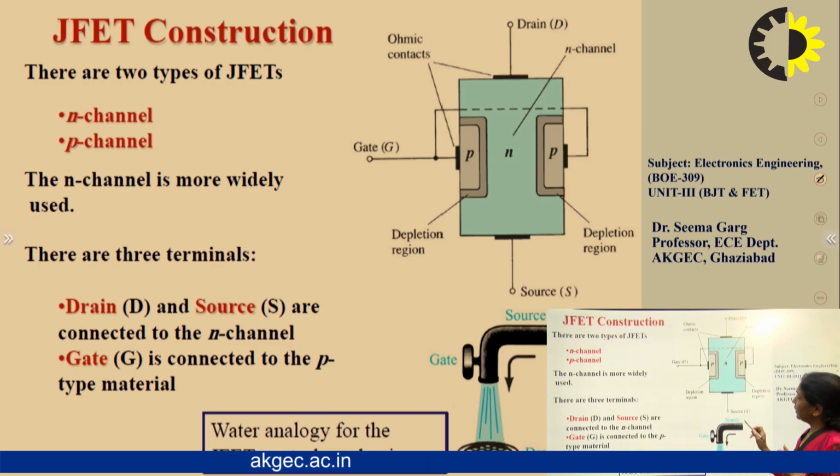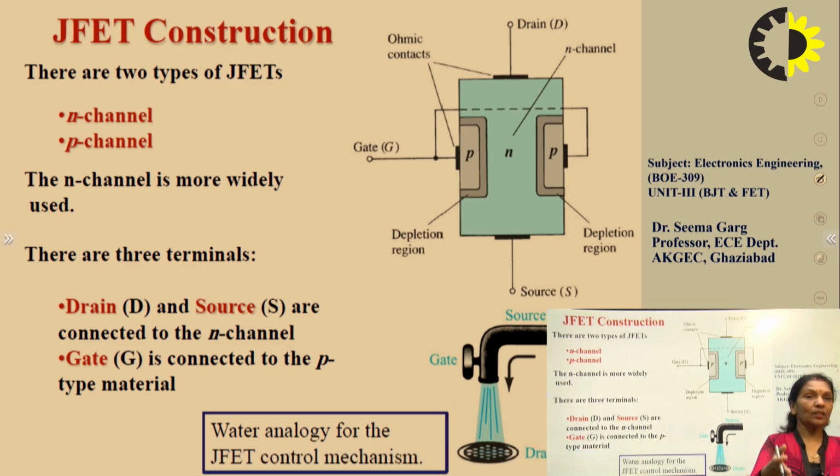So the water tank is analogous to the source of the charge carrier, and if you are collecting the water in some bucket, then that is the drain, and the controlling element, the knob of your tap water system, is analogous to the gate of the field effect transistor.